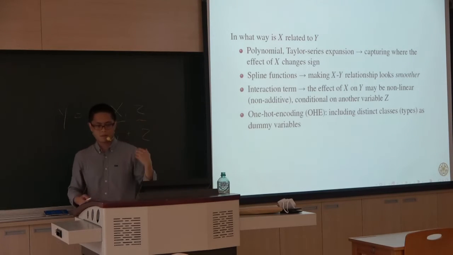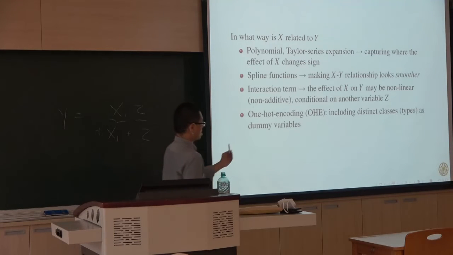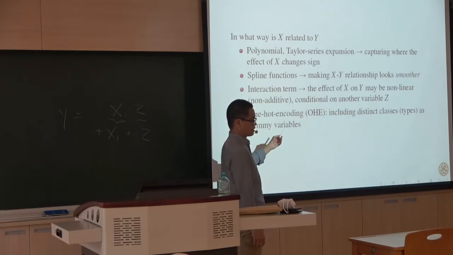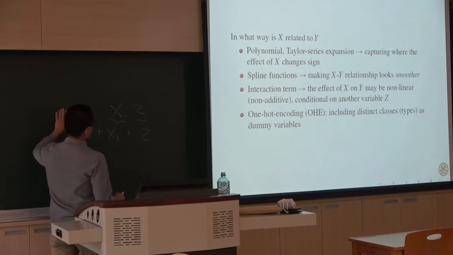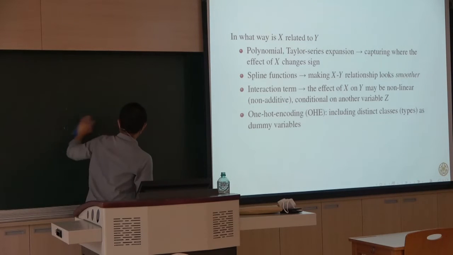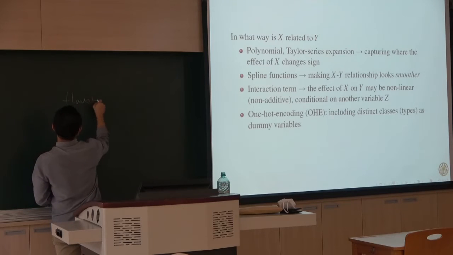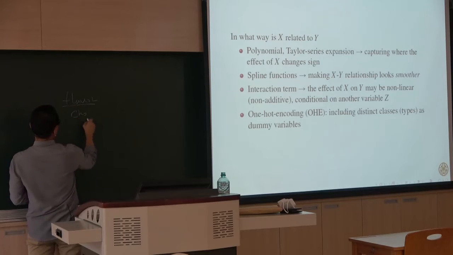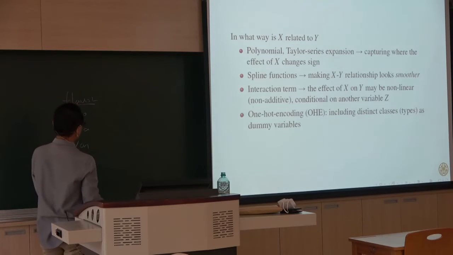One-hot encoding includes each distinct class as a dummy variable in its own single column. For example, if you have three flavors of ice cream, say chocolate, strawberry, and vanilla, then use one-hot encoding.